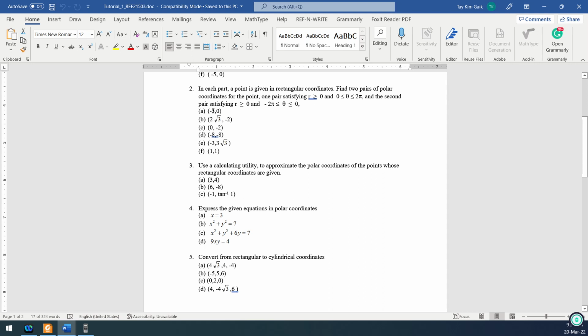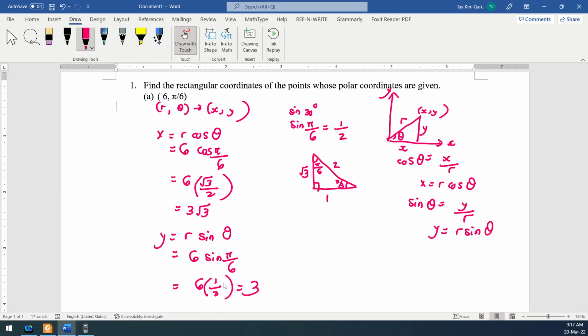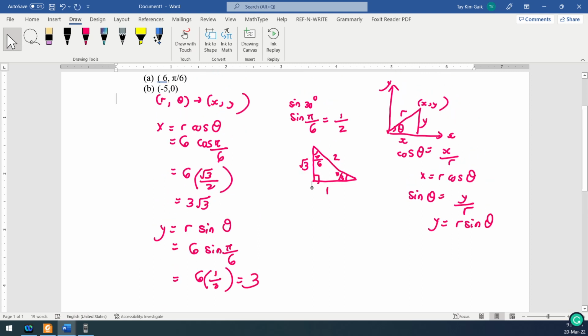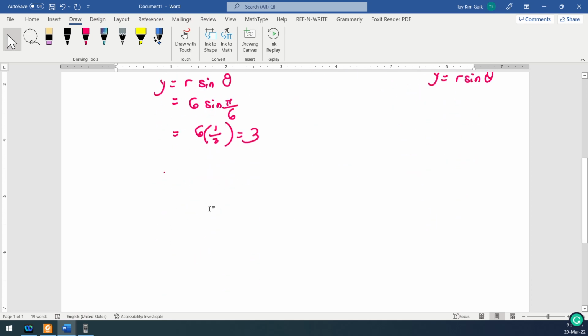For example, we take question 2a, (negative 5, 0). You want to change it to (r, theta). Now it's (negative 5, 0), meaning (x, y) to be changed to (r, theta).